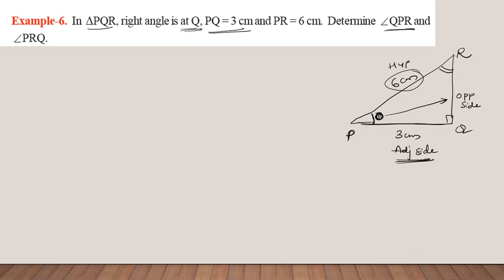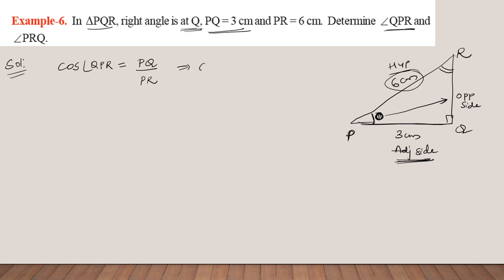So adjacent side I know, hypotenuse I know. So when I know adjacent and hypotenuse, which ratio is useful here? It is nothing but cos theta. So cos of angle QPR is equal to, what is adjacent here? So adjacent is PQ by PR.